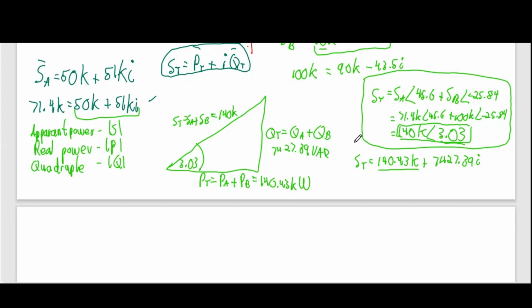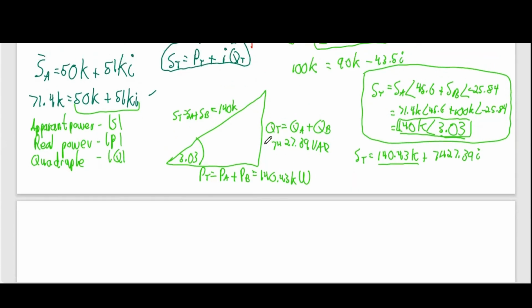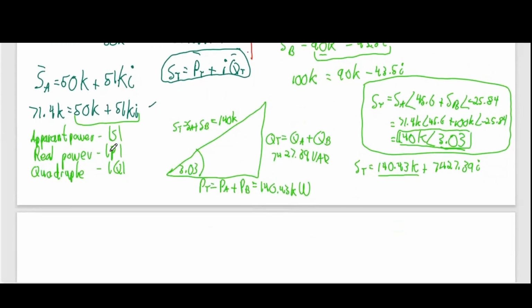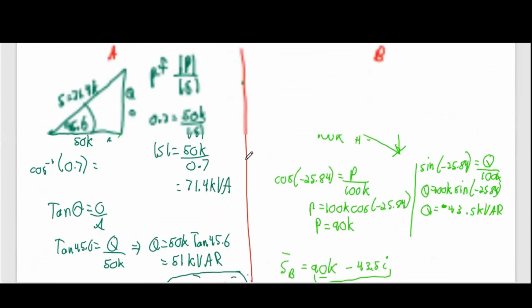If I say the wrong thing, well, too bad. So that is the trick. If I hear them say total apparent power, you have to know that's the total S. If they say total real power, that's the total P. If they say total reactive power, it's Q. Just be careful.